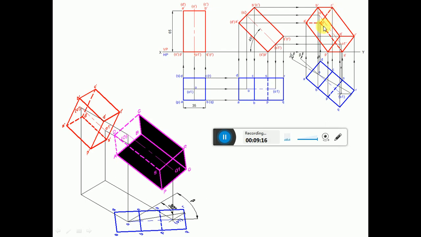So naturally, from a point, if any one of the edges is invisible, automatically all other edges emanating out of that point are going to be invisible. So D dash A dash also becomes invisible. Since the portion of ABCD is invisible, that is A dash D dash and D dash C dash are invisible, naturally this O dash is going to become invisible. So you put it in bracket.